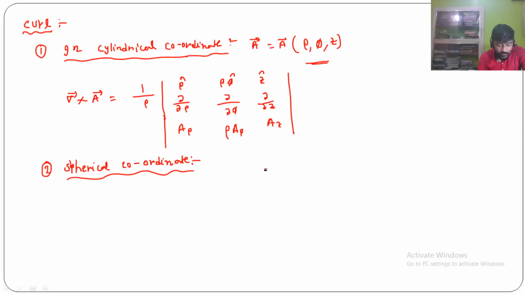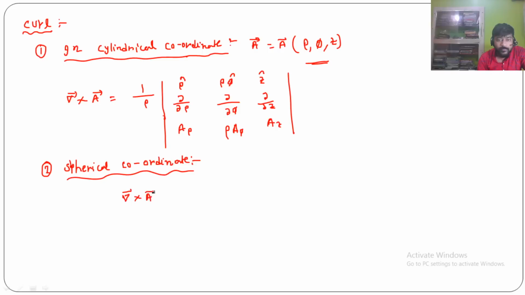Let me find. In spherical coordinate the result will be something complicated, but you have to know.